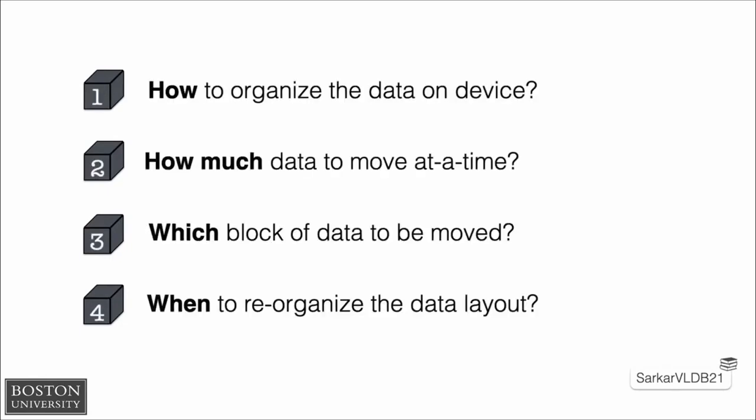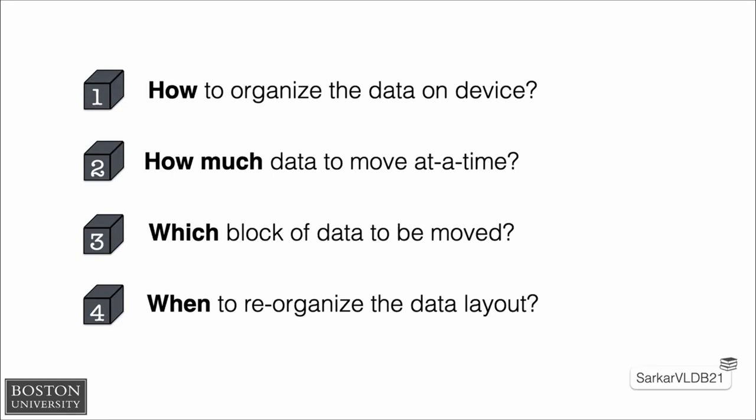So in our work from last year, which was published in VLDB, we broke down this compaction black box into first order primitives. So we identified the key design questions that constitute any LSM compaction strategy. And these are, firstly, how do I lay out the data on the storage? Secondly, when we are performing compaction, how much data are we moving at a time?